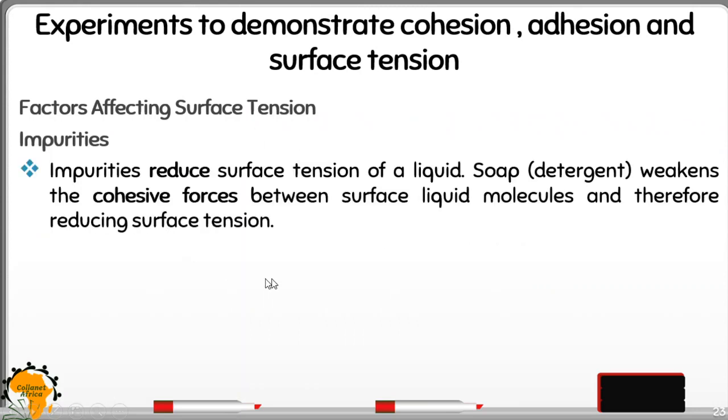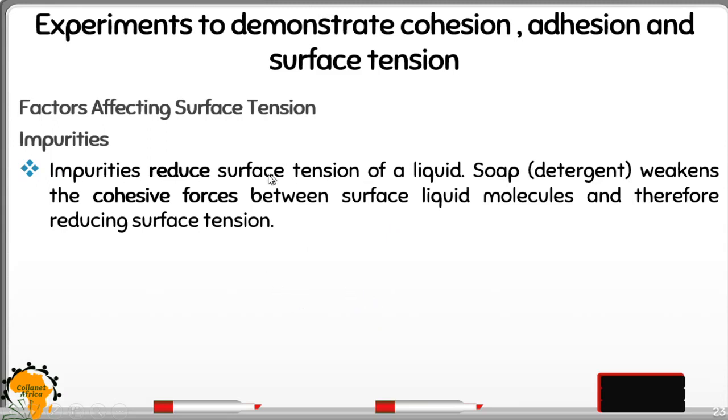We have impurities, and here we say that this one reduces the surface tension. When your needle is floating, I want you to go and try this. Put a few drops of soap solution and see what will happen.